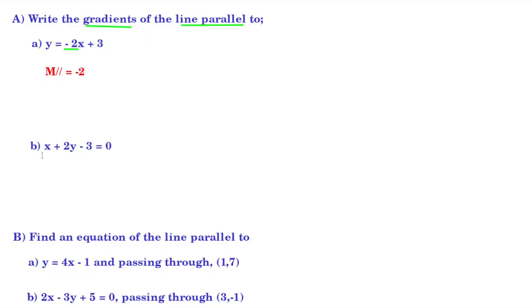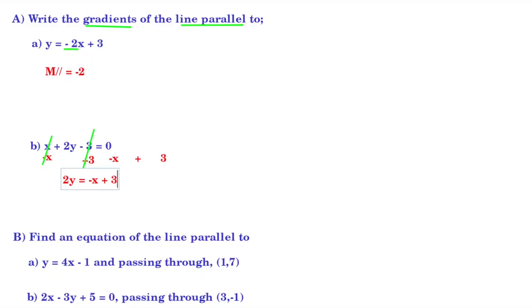In making y the subject, we first subtract x on both sides of the equation and also add 3 on both sides. x will be cancelled and the negative 3 will also be cancelled. On your left hand side, you will be left with 2y equals negative x plus 3.